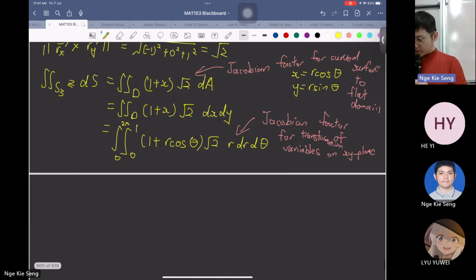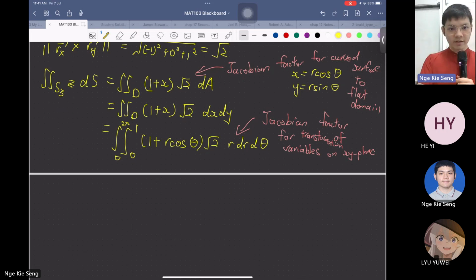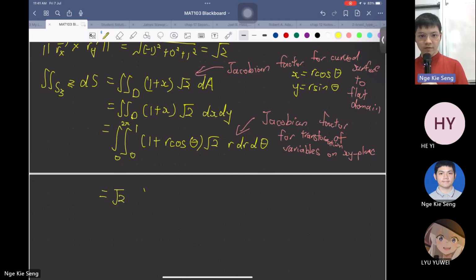All right, so what are we integrating here? We can split the integral, so we just compute it. We have square root 2 times the integral from 0 to 2 pi. We can integrate over r first. We get r squared over 2 plus r cubed over 3 cos theta, for r from 0 to 1, d theta.